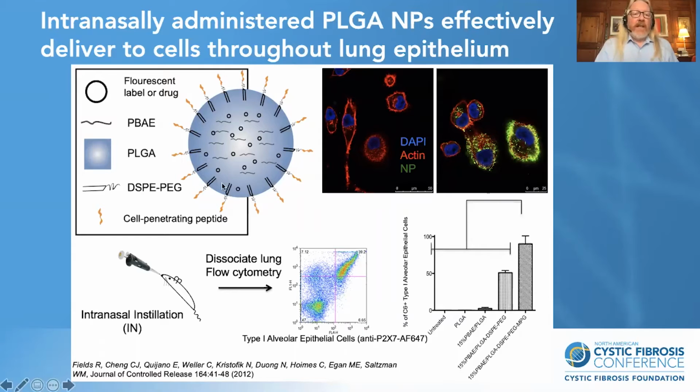We put polyethylene glycol on the surface using a lipid to facilitate its accumulation on the surface, and we attached a cell-penetrating peptide to the surface in order to enhance uptake by epithelial cells. And you can see in vitro, with these changes made in the particle, we could get very robust accumulation inside epithelial cells.